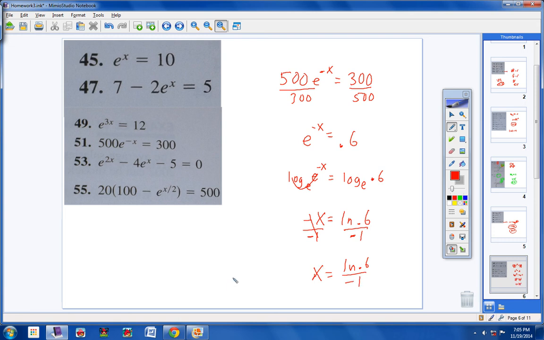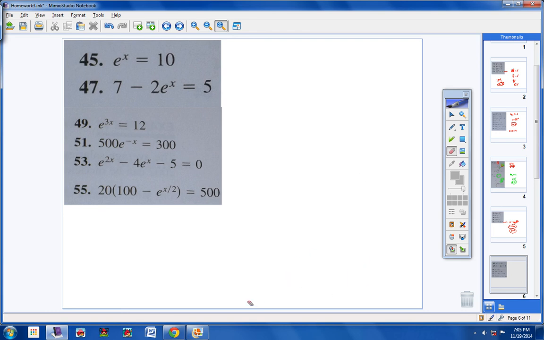Okay, so very quickly here, natural log of 0.6, enter, divided by negative 1, enter, and I'm getting 0.511, which is the correct answer. 0.511. Okay, alright, moving on to number 53.